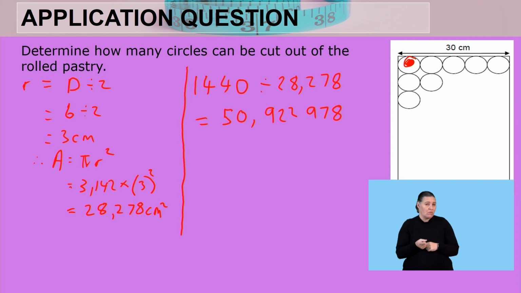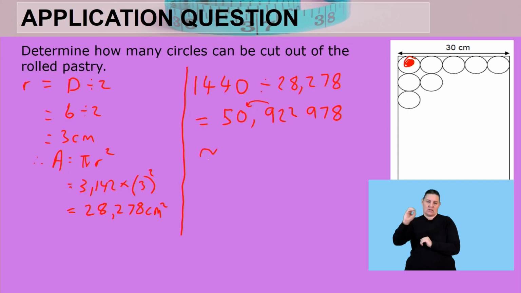If I round it up and say it's 51, that's mathematically correct because the 9 would round the 1 up. However, if we did that, we'd be wrong because we're then saying you can actually cut out 51 of these, but you can't. You've got to round down in this situation. Remember that. Maths-lit rounding. So this is approximately equal to.